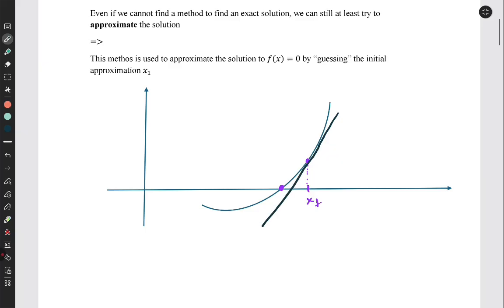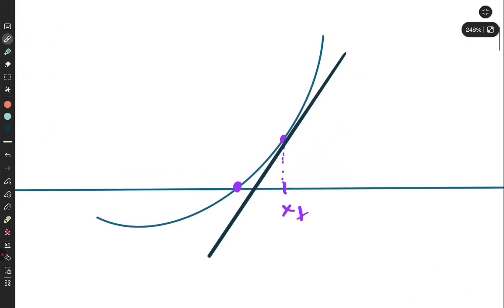I'm going to draw a tangent line. What do you see from this? The tangent line intersects the x-axis right here, right? I guess again, is that my solution? Nope, that's not my solution, right?